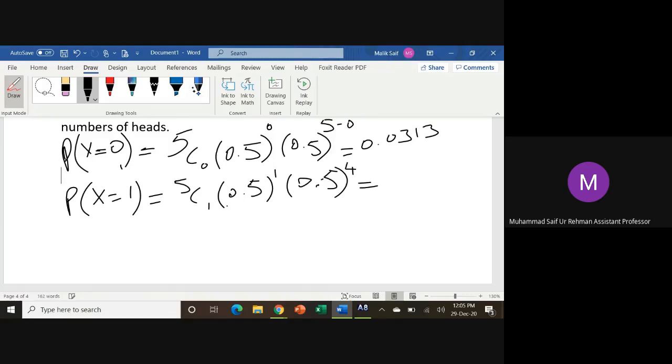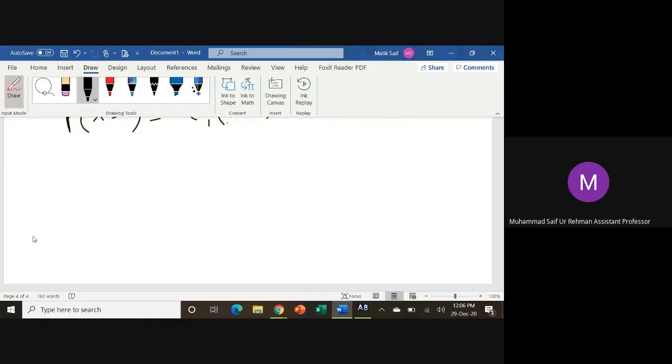So it will become basically 5 times 0.5 power 5. What is the answer? 0.1563. Fine.